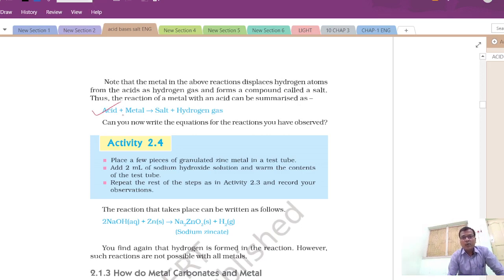When an acid reacts with a metal, salt and hydrogen gas are formed. For example, if this is HCl and this is Na, sodium metal, then NaCl, a salt, is formed and hydrogen gas is formed. So please remember this type of reaction.